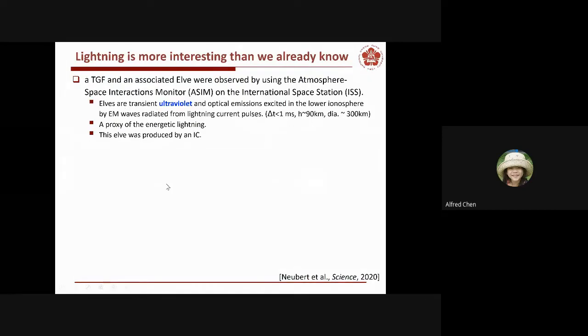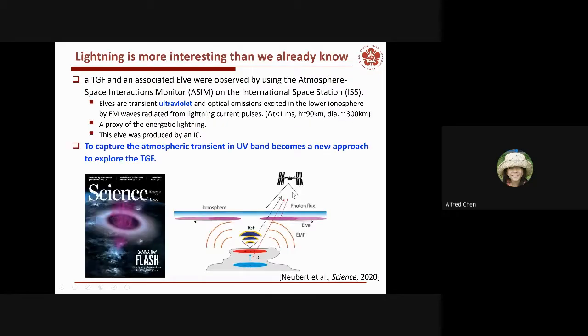The ELF is a transient ultraviolet and optical emission excited in the low atmosphere by the EMP from the lightning pulse. The duration of the ELF is very short, less than 1 millisecond. Its height is about 90 kilometers, and the diameter of the event is about 30 kilometers.